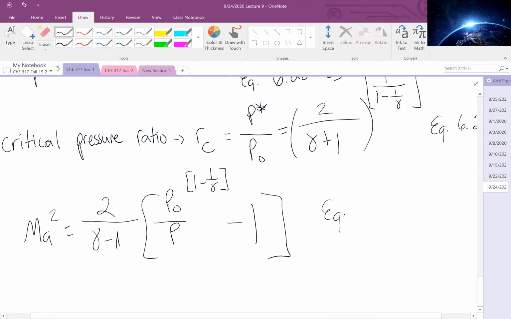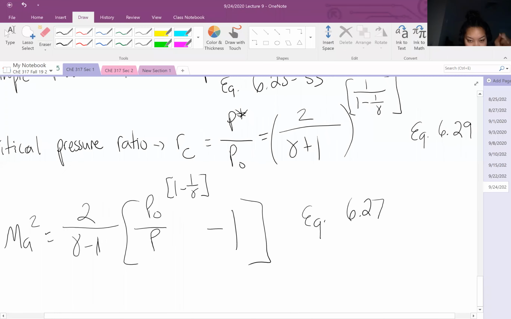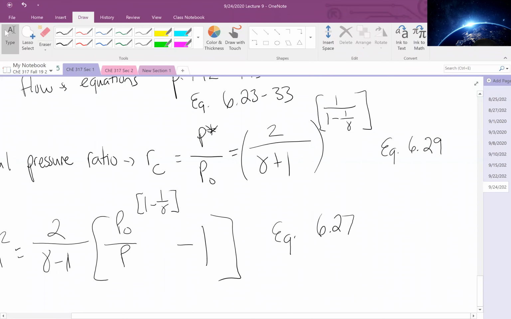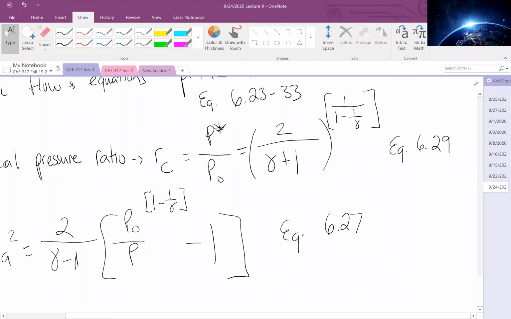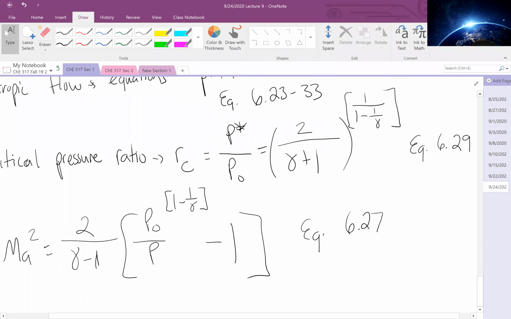That's equation 6.28. Excuse me, 6.27. Dr. Lopez, what was the equation number for the previous one, the critical pressure ratio? It's 6.29. Yeah, I gave you them because sometimes my handwriting can be a little finicky, and these equations for compressible flow are quite complex.